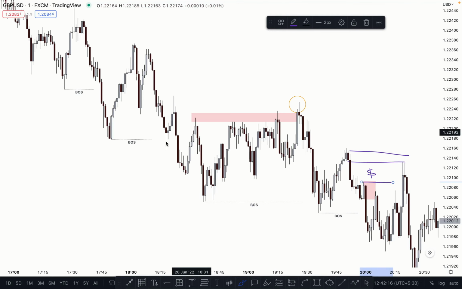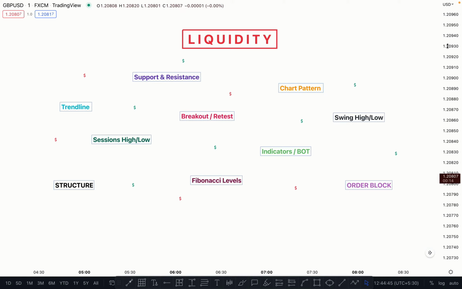This was the first high. After this broke, everyone tried to sell here. This is the order block type. And then what happened? After this high broke, you have to wait for the mitigation, which is here, so you can sell here. All right, so this was the liquidity trap and how we can identify it.